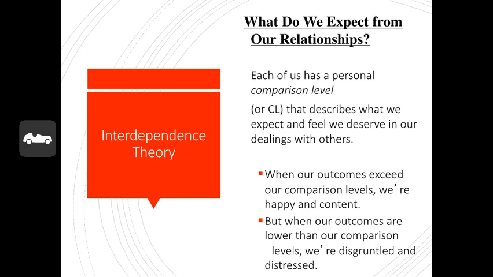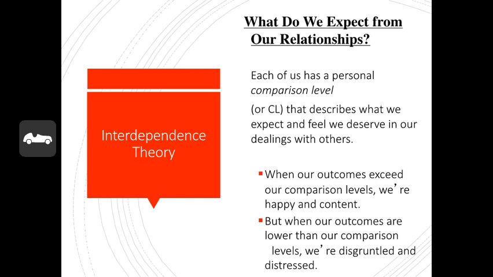It basically means, what is the minimum that I would be happy with? What do I think I should be getting out of my romantic relationship? When our outcomes exceed our comparison level, we feel happy and content because we're getting more than the minimum, right?